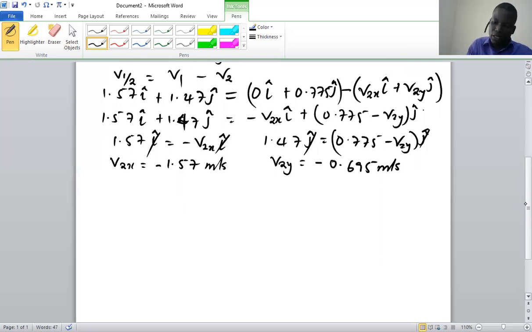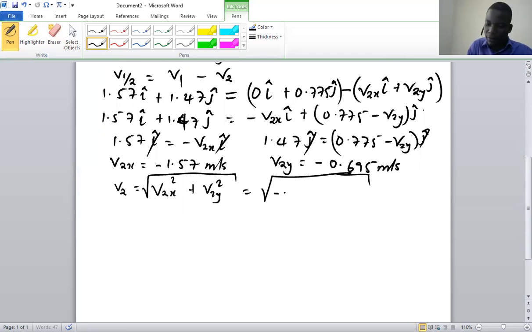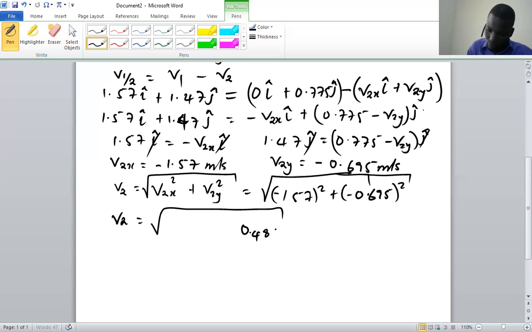Finding the magnitude, v2 is the square root of v2x squared plus v2y squared, so we have negative 1.57 squared plus negative 0.695 squared, which is 2.465 plus that.